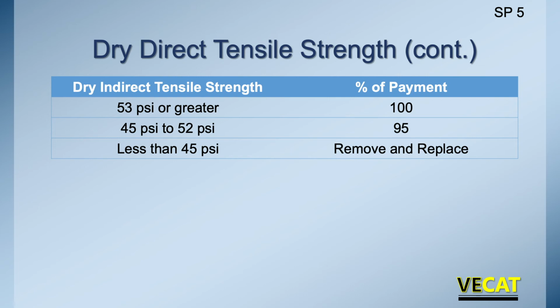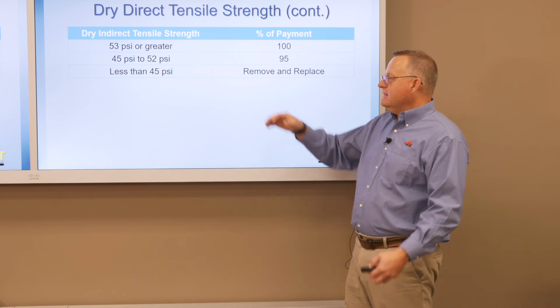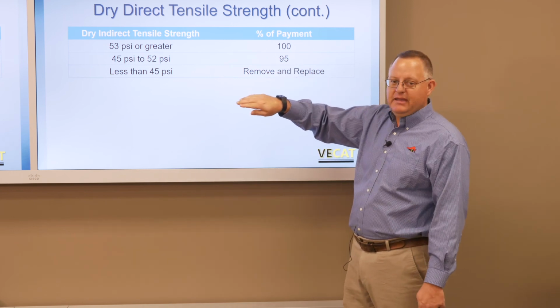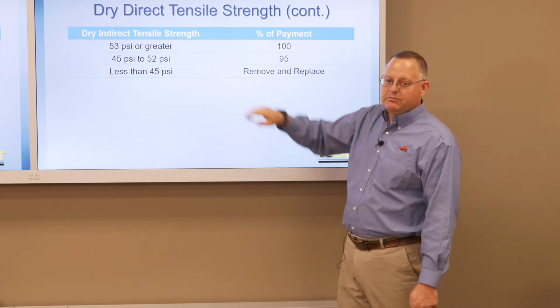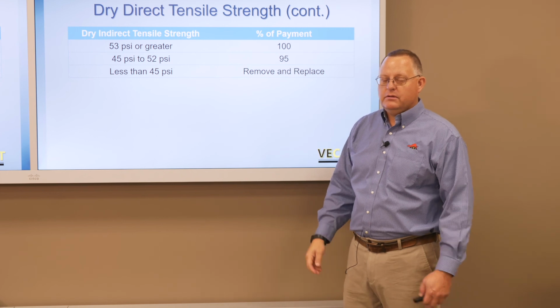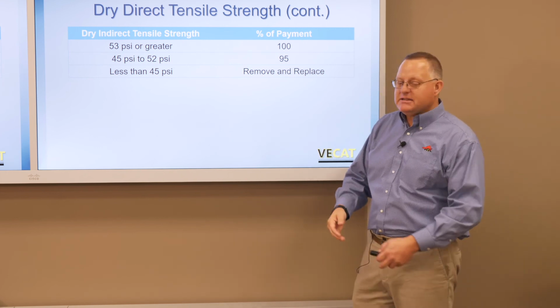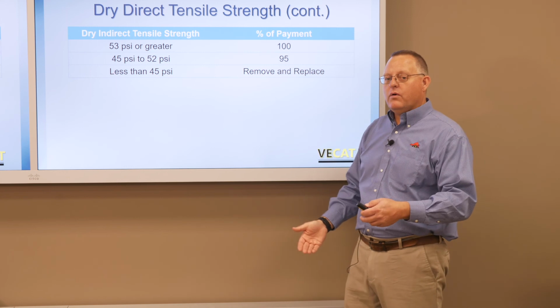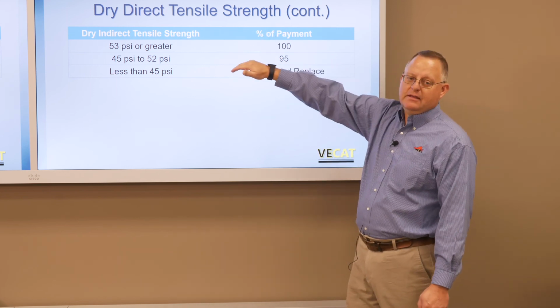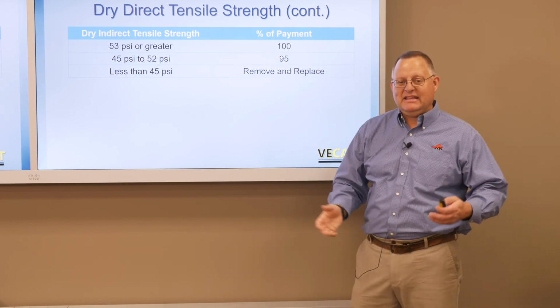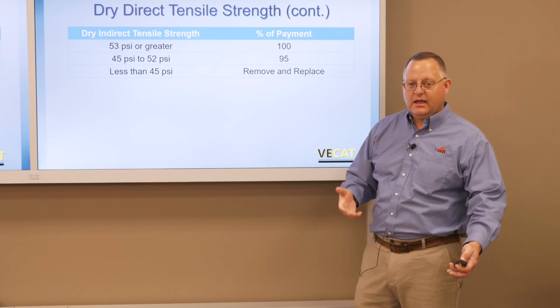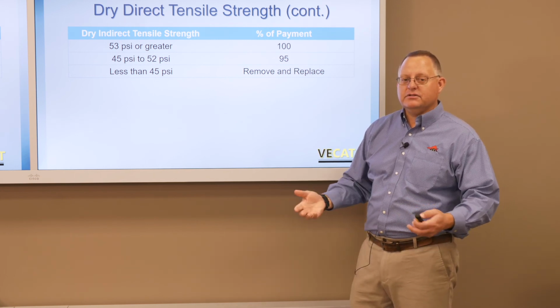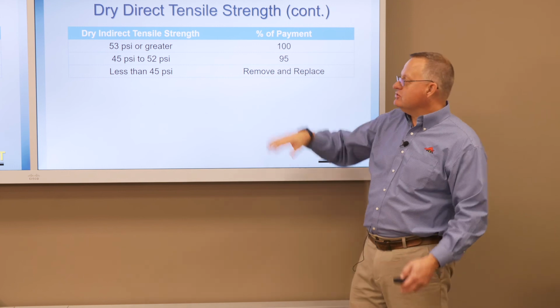So as you see, it's a pretty dramatic thing to go from 95% pay at 44 PSI to remove and replace at 44. So during that mix design process, whether it's an emulsion or a foam, you want to be above that minimum for 100% pay to give yourself some leeway, some coverage in case something goes on, you're still above the minimum.